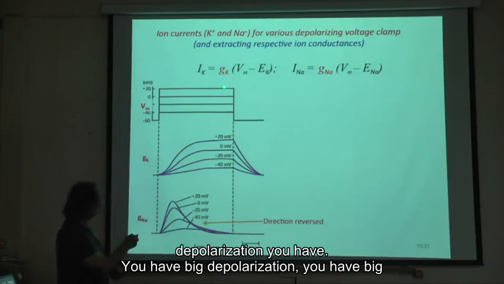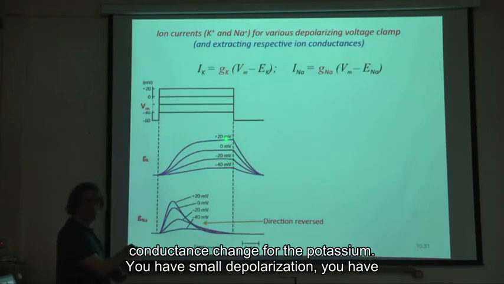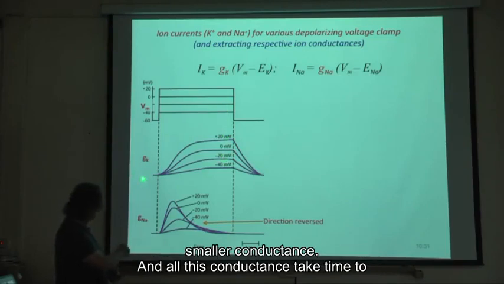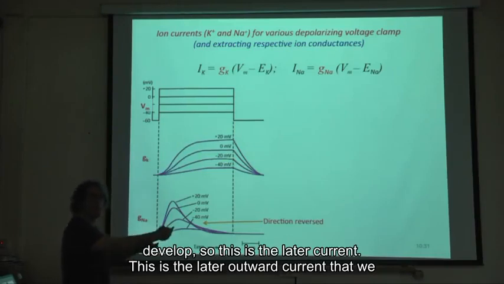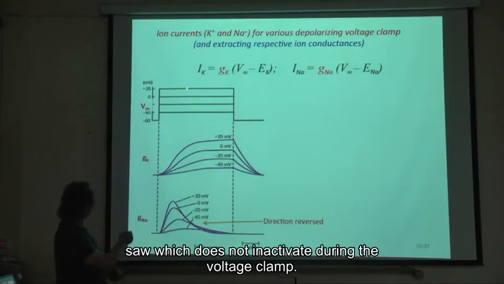You have big depolarization, you have big conductance change for the potassium. You have small depolarization, you have smaller conductance. And all these conductances take time to develop. So this is the later outward current that we saw, which does not inactivate during the voltage clamp.